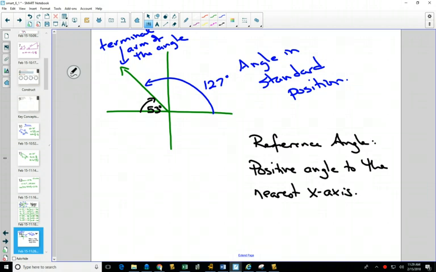Well, the reasoning is if I take 127 degrees, and on here I take a point and I draw a line straight down, I make a right angle triangle. And that right angle triangle has 53 degrees in it. That is the same right angle triangle, or similar to, if I took 53 degrees in quadrant 1 here and I drew that same right angle triangle. Those two triangles are identical.